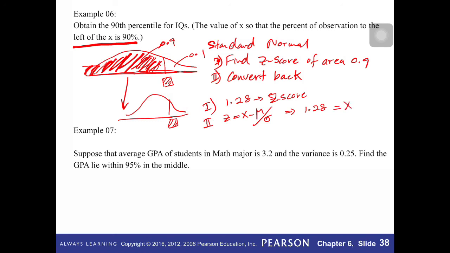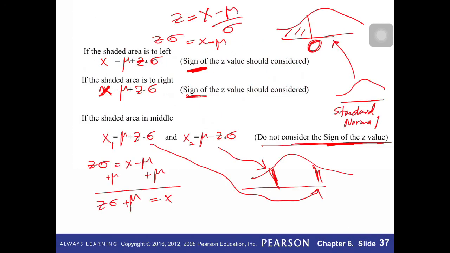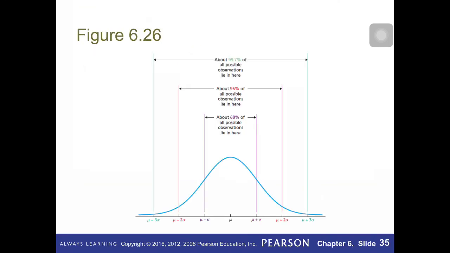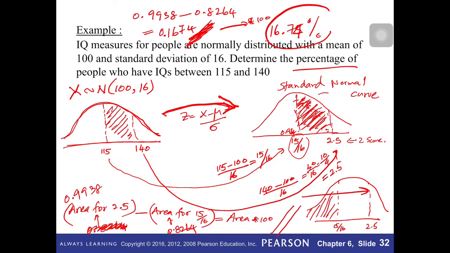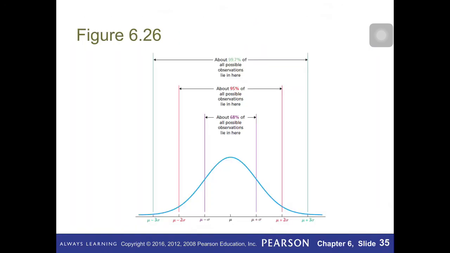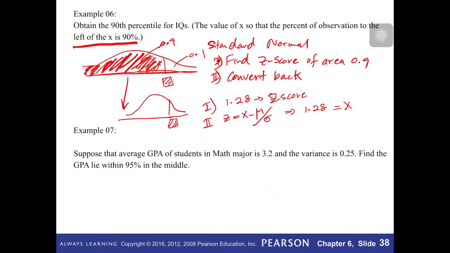What is mu and sigma? I think I had this distribution before, right? It's the IQ case: mu is 100, standard deviation is 16.